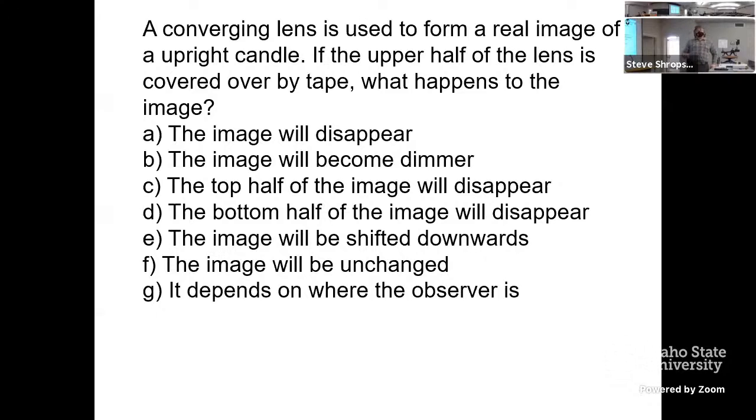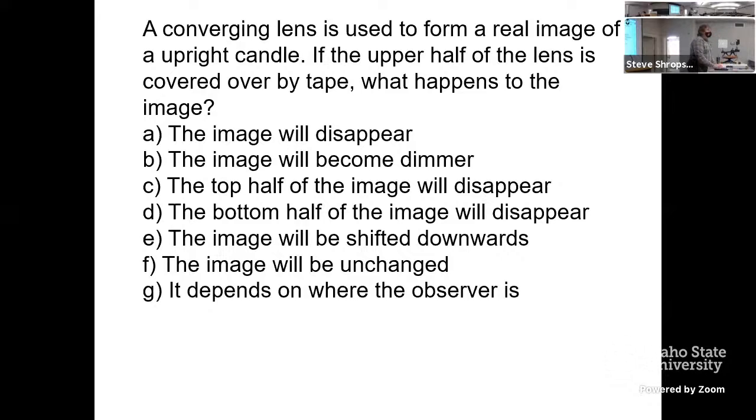Okay, because the image is going to be inverted, is what you're thinking? Mr. Hayes? I don't have anything to add to that. Maybe C or B. Mr. Crossgrove? Well, I've actually changed my answer.